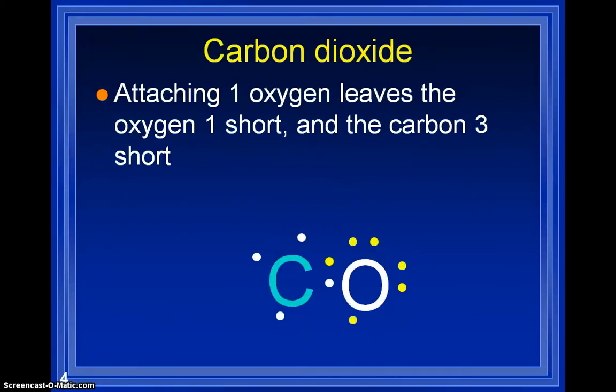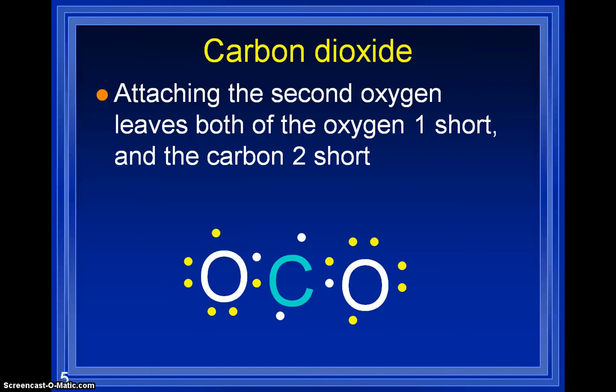When they come together, one oxygen on either side is going to attach and share electrons with the carbon. You can see the oxygens are yellow here, and the carbon's electrons are white. One oxygen comes in over here and shares with that pair, and the other shares with this pair. But what we're left with is still too short for each. The carbon is too short, and each oxygen needs another electron.